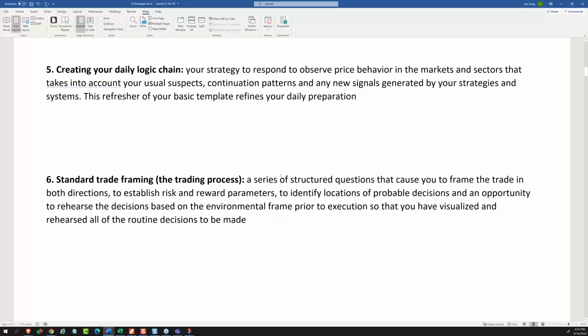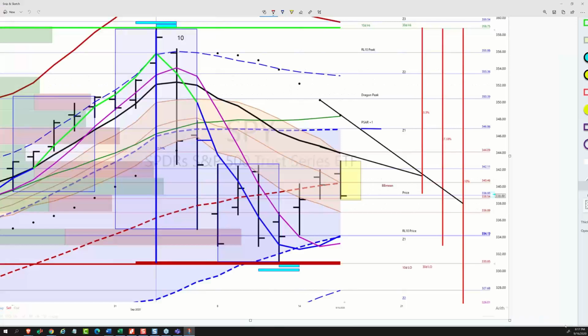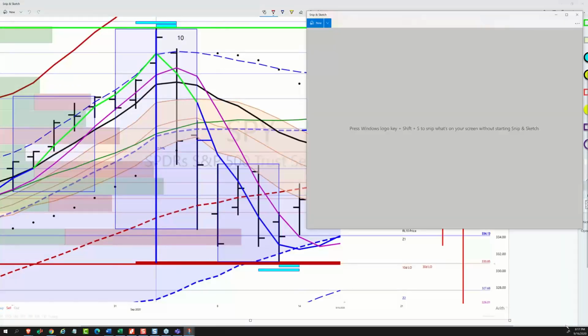It lays out the broad outlines about how to proceed. That's opposed to a system, which is a very precise set of rules that could be robo-traded and could be pseudo-coded into a precise science. So I want to draw a picture here.